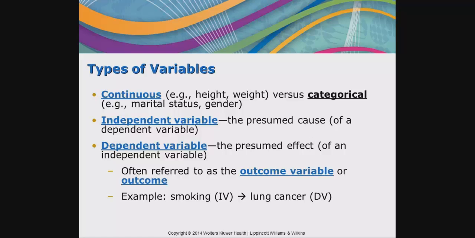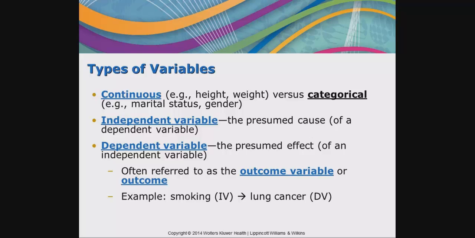But that is something that's going to be static or pretty much the same, versus categorical, which will be putting in a category of gender, marital status. Because when you're looking at variables in quantitative research, you're wanting to see if one has a cause and effect, or an association, or influence on another variable.